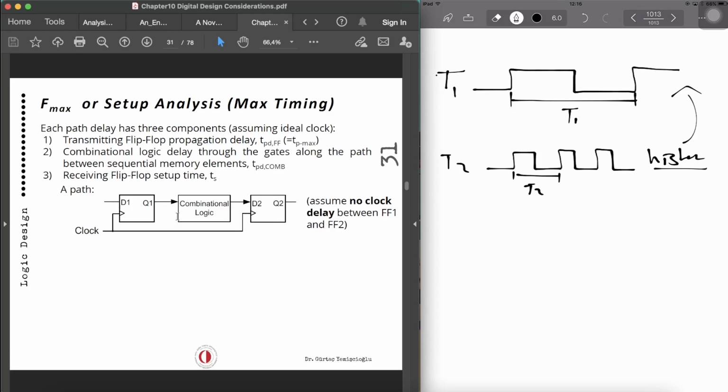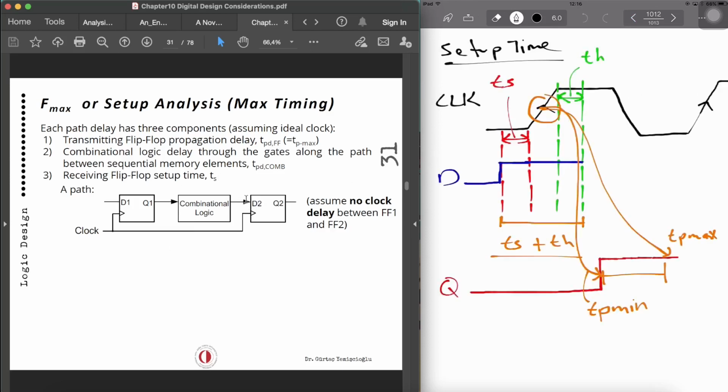When we are considering the F max analysis, we have to consider the path of the transmitting data: the maximum worst-case propagation from input to output, plus the combinational logic propagation, and also the setup time. The input coming here has to be ready before it gets into that flip-flop. That's why we need to consider the setup time as well.